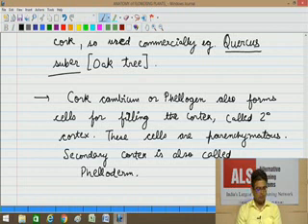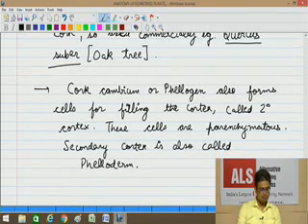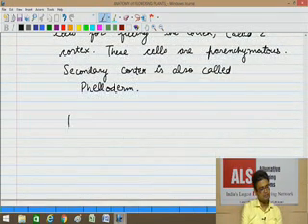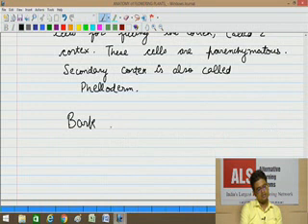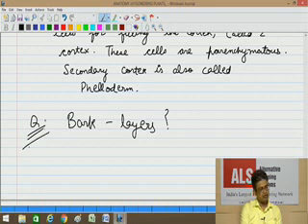I was trying to finish it, but because you won't let me, I will give you a homework. Try to find out the layers of bark. When you go home, try to find out how many layers bark has. In the next class I will tell you this.